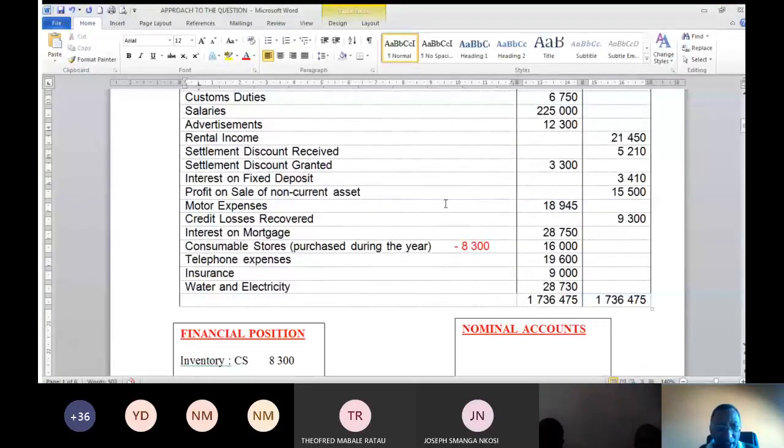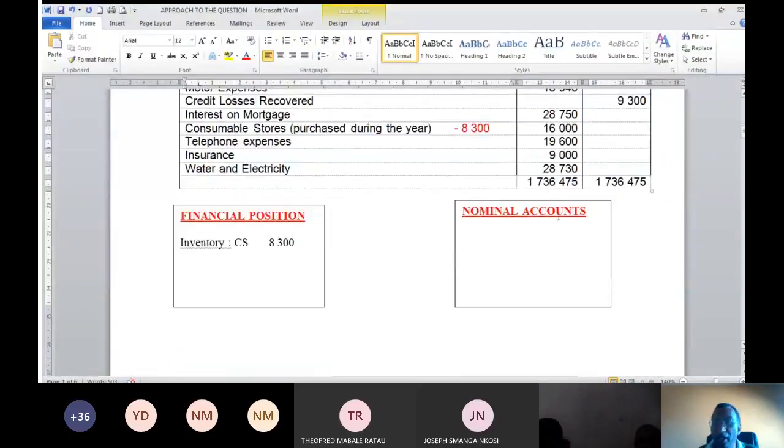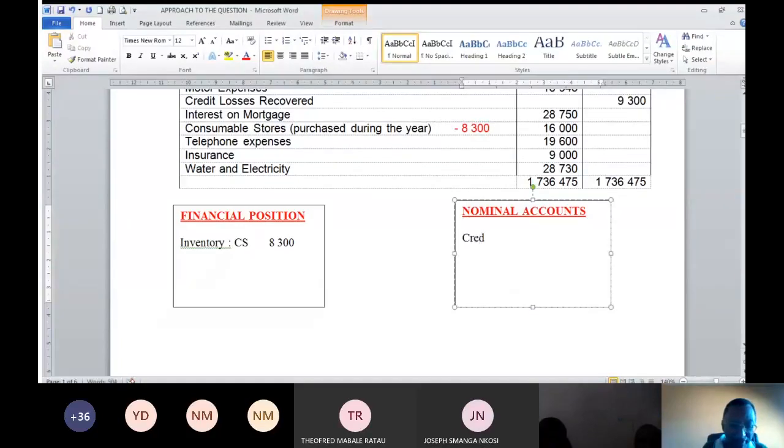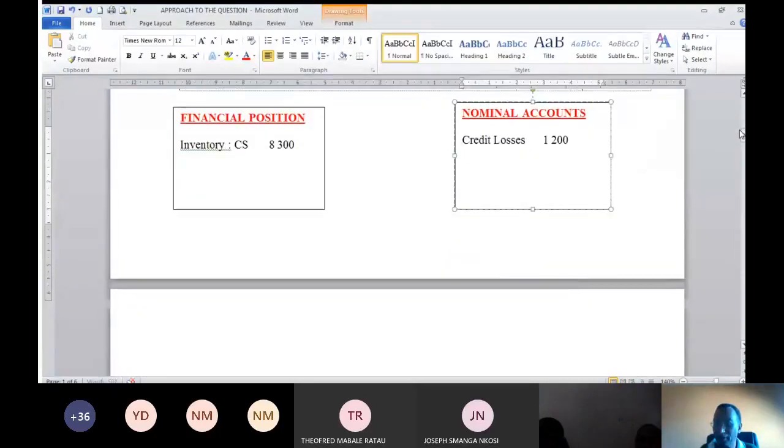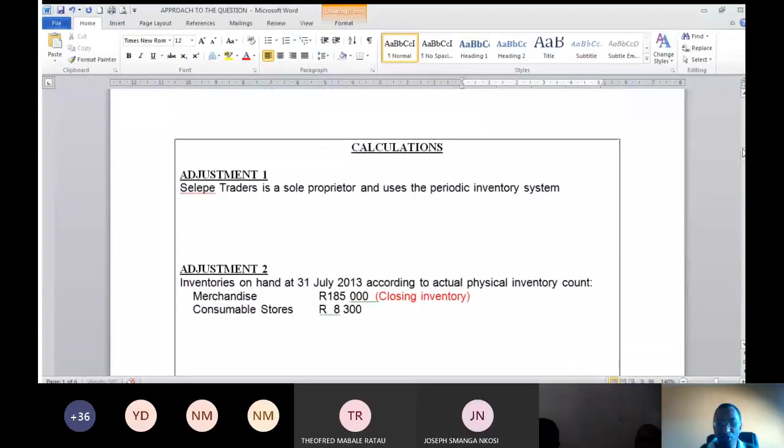You haven't got a credit losses account in your list of accounts, so we are going to add it now in our nominal accounts. We've got a further account called credit losses, and that credit losses is 1,200. Okay, all clear on that adjustment, guys?